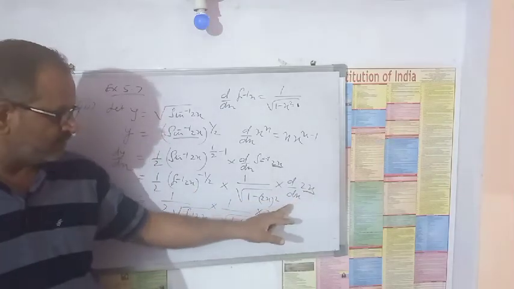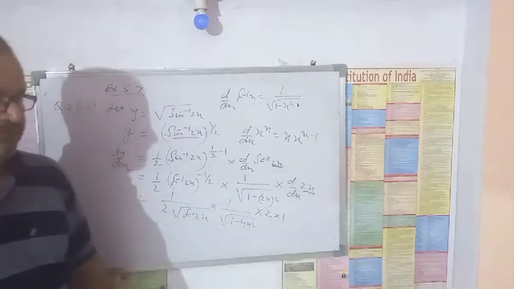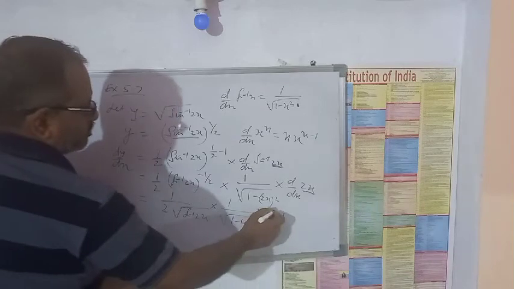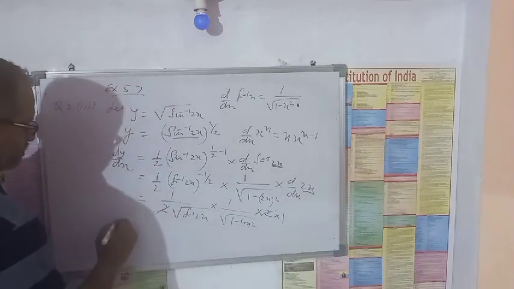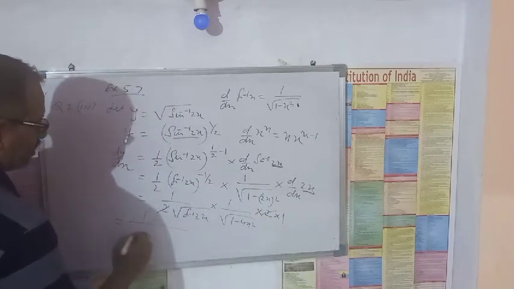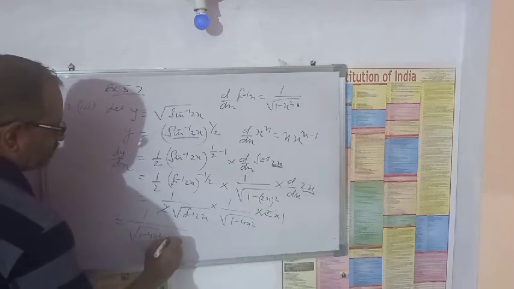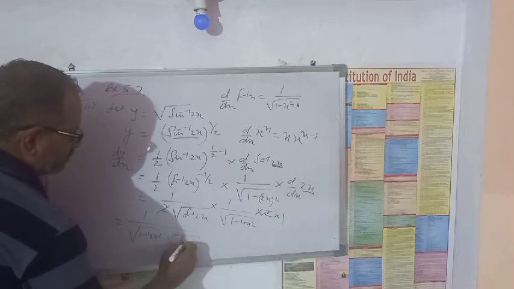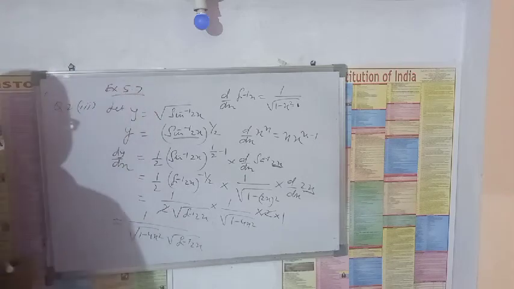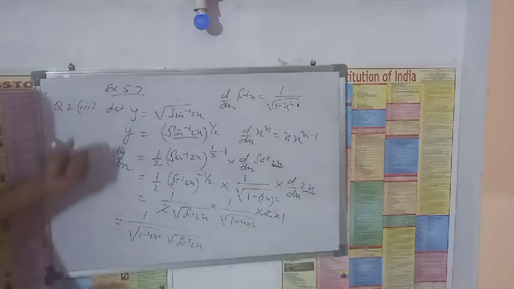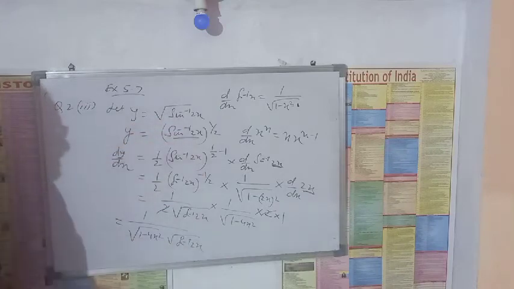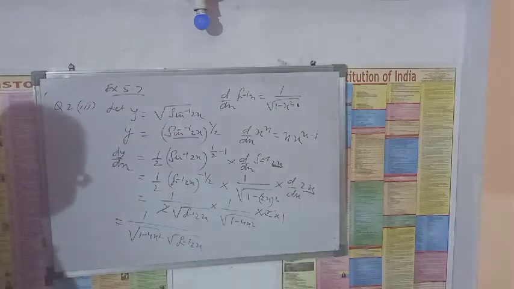Differentiate x with respect to x, its differentiation is 1. So this 2 cancels with 2. So we will write here 1 upon under root 1 minus 4x square into under root sine inverse 2x. So this is the derivative of under root sine inverse 2x.